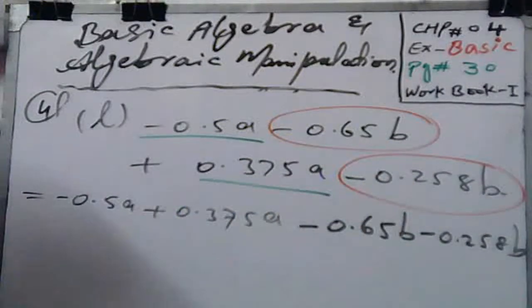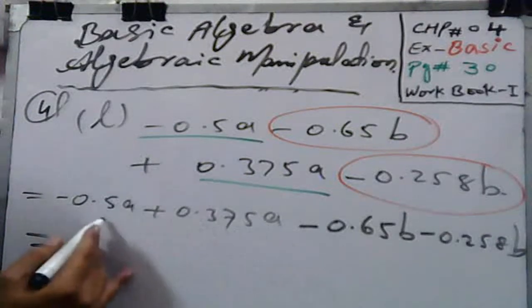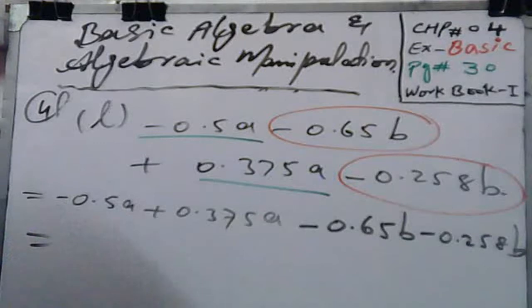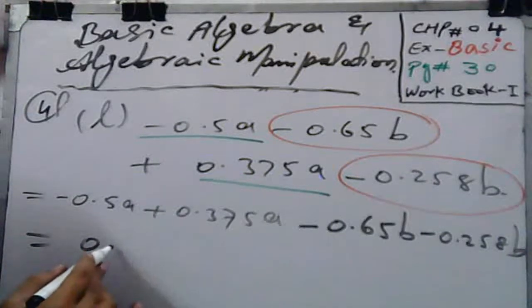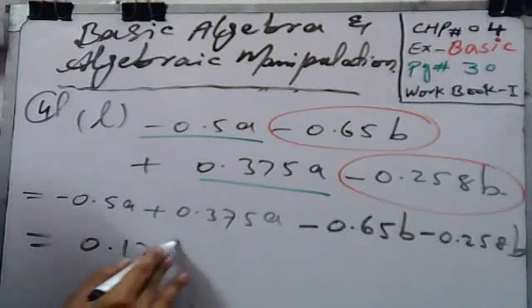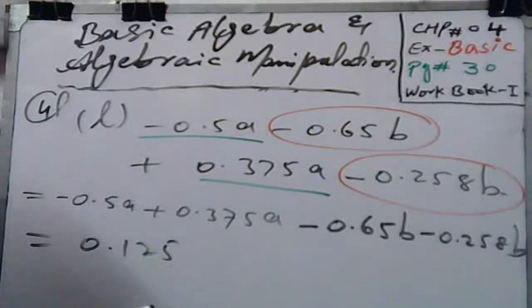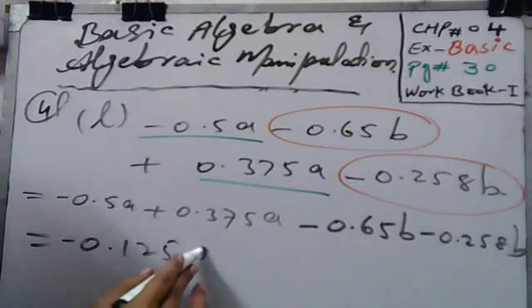After writing them at the same place, what value do you get? From here the a term has a negative sign, so you have to subtract: 0.375 minus 0.5, you will get 0.125. The greater value's sign should be used here, that is minus 0.125a.